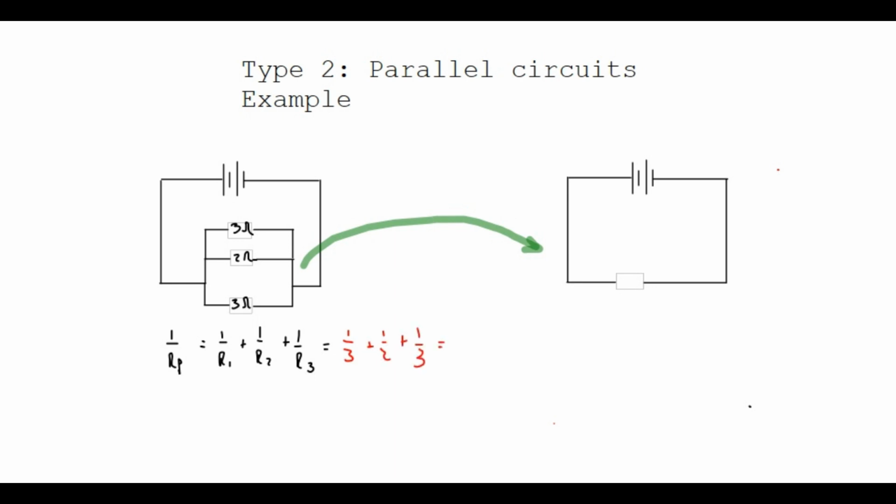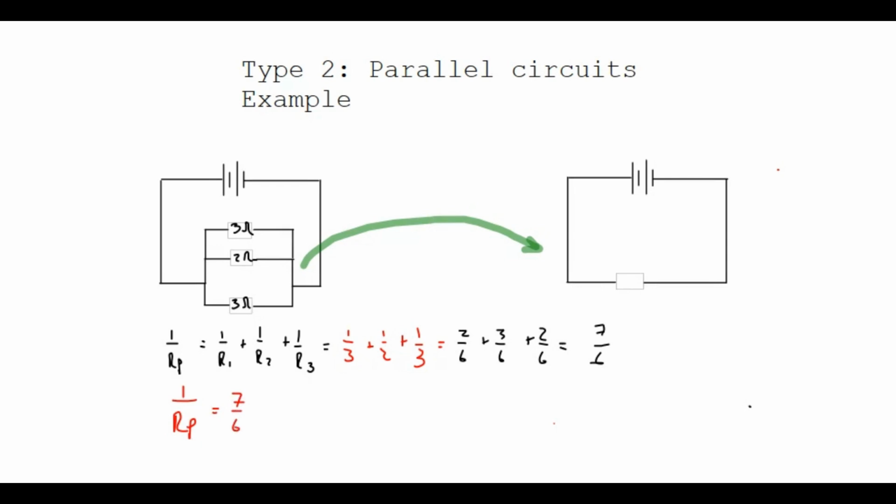Alright, applying the laws of fractions there, we know our LCD is 6. So that's going to become 2 over 6 plus 3 over 6 plus 2 over 6, which would give us 7 over 6. But again, what we just found was 1 over Rp equals 7 over 6.